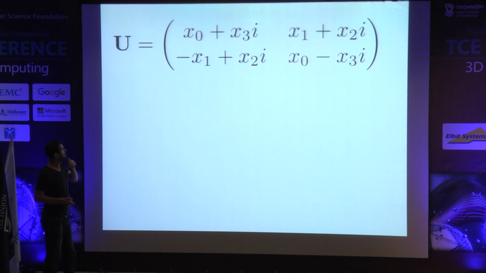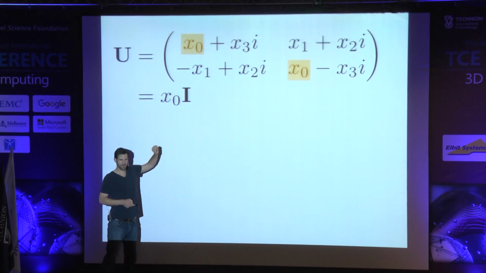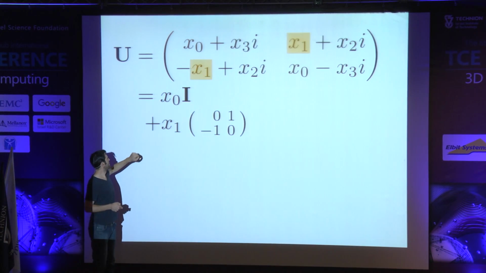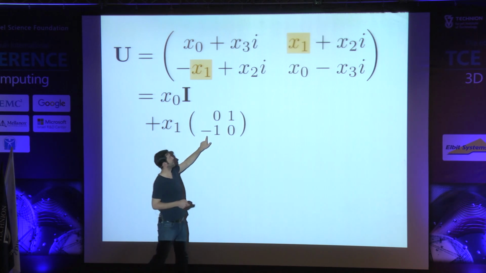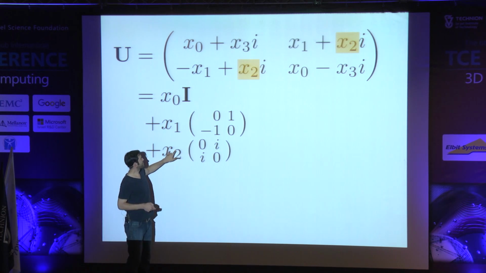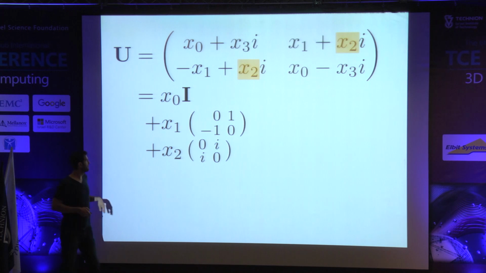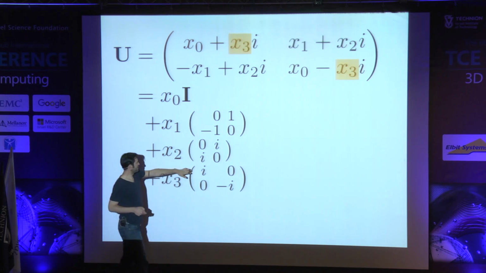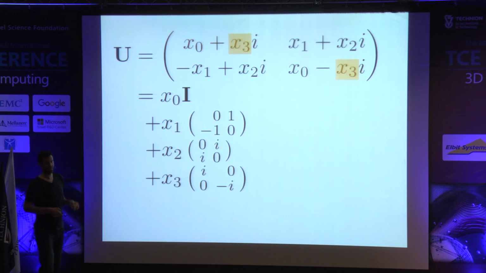So let's see. This matrix is obviously just x0 times identity plus x1 times this matrix, a 1 here and a minus 1 here, plus x2 times i's on the off diagonal, and x3 times i and minus i on the diagonal, right? That's just the matrix that's there.